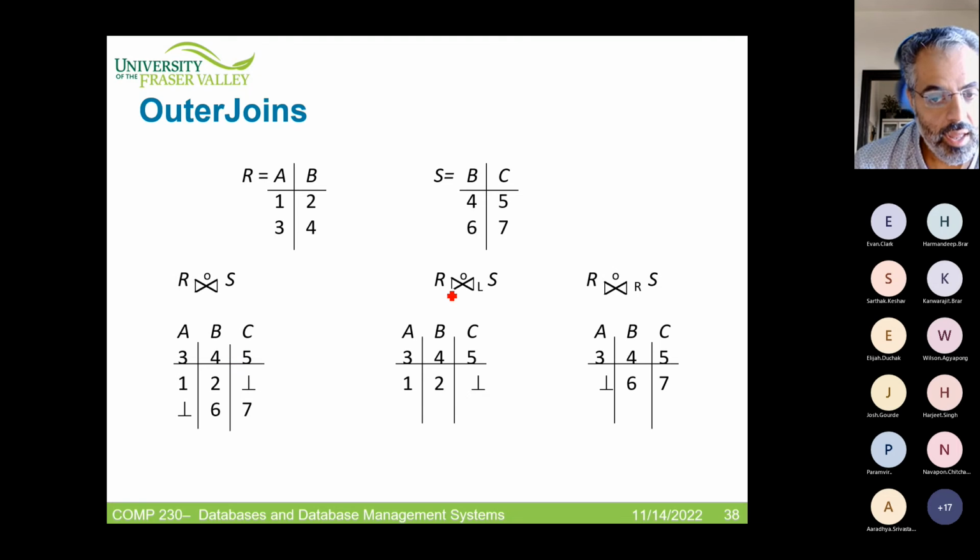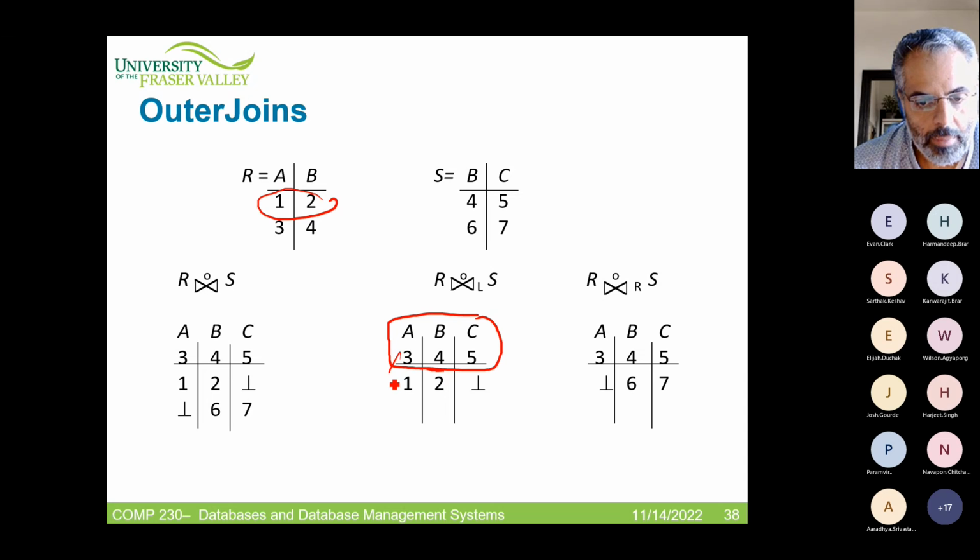But sometimes we name it left outer join, where we should consider only the left part, not to lose anything. Again, first we apply a natural join. And then we say, okay, now we have 1, 2, which we lost. So we mention it and put it with a null value. But we don't consider the right because it is a left outer join.